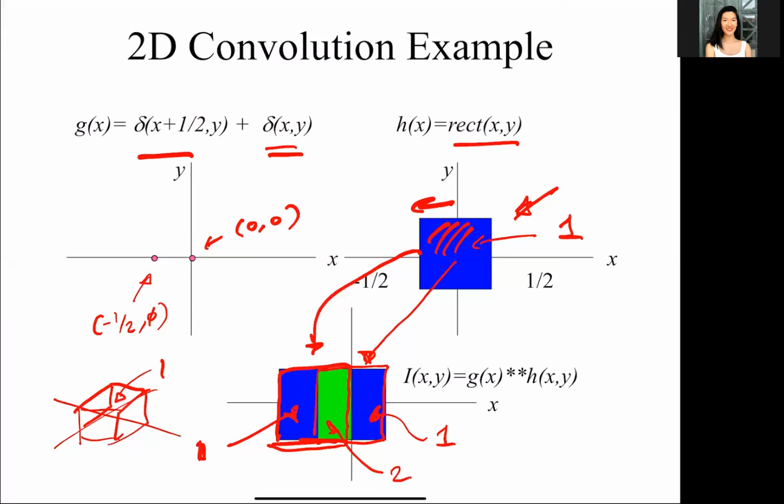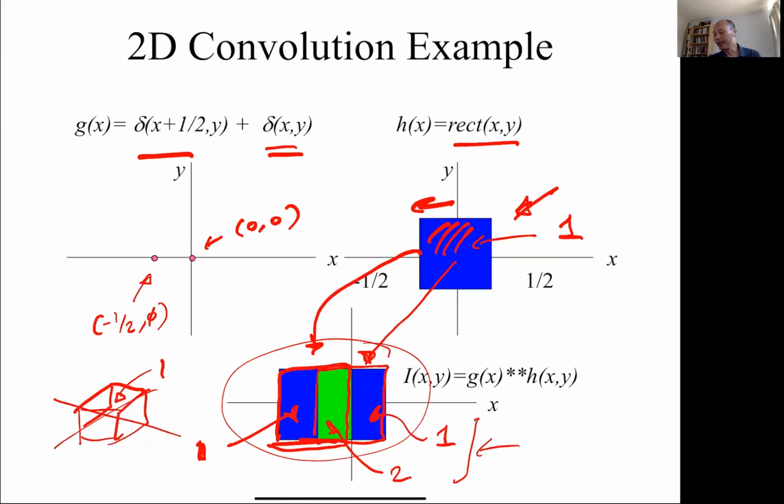Sure. So a follow-up question, what's the value of the convolution of this? Is it 4? Well, graphically, this picture is the solution. If I were to write it mathematically, G convolved with H would equal rect of x,y, because the convolution with delta doesn't shift it at all, plus rect of x plus a half, comma y.